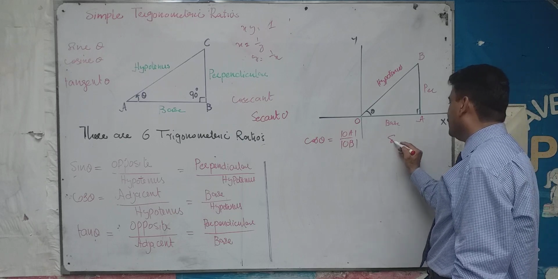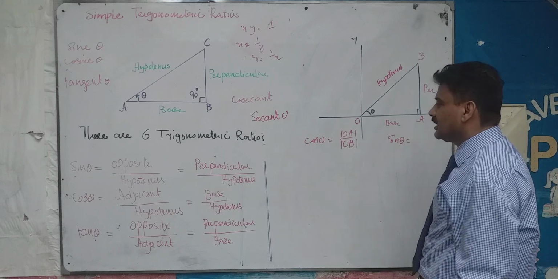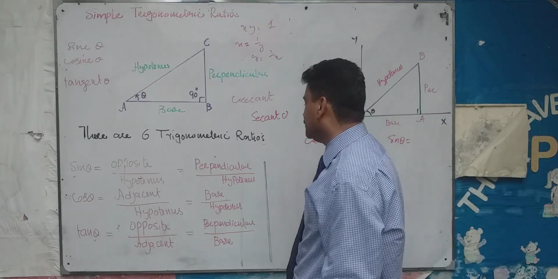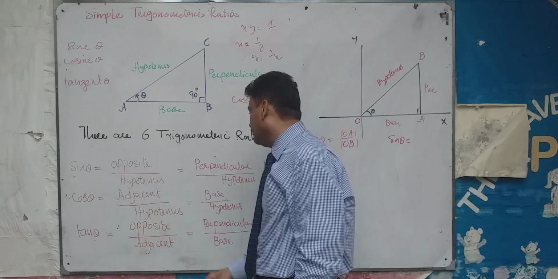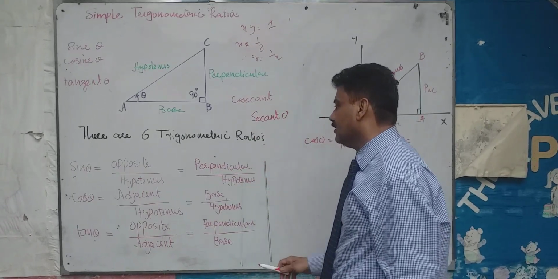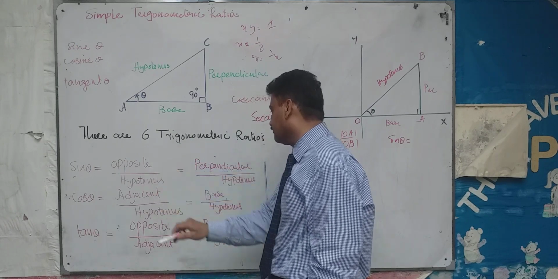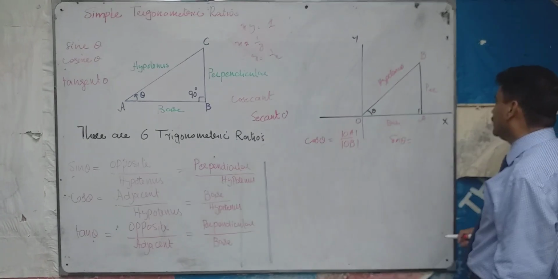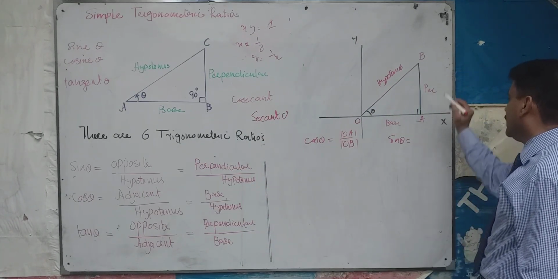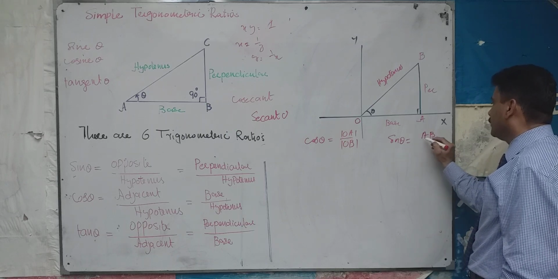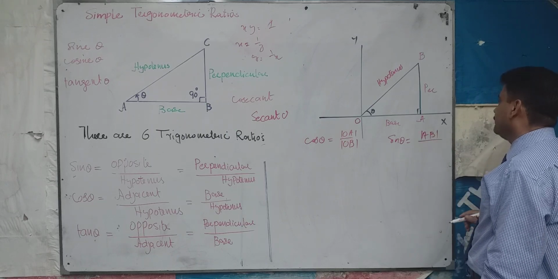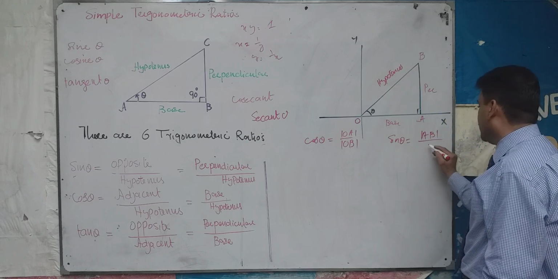Similarly, sin theta is the trigonometric ratio between perpendicular and hypotenuse, I mean opposite to hypotenuse. Here perpendicular is AB, by hypotenuse, which is again OB.